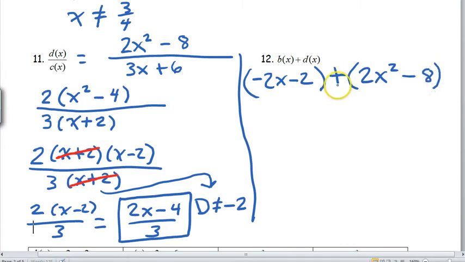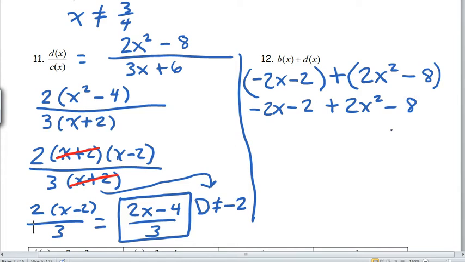When it's a plus sign like this, do I need to change the signs on the inside? No, that's only when it's a minus. So really, I don't need the parentheses on this problem. When it's addition, the parentheses are not doing anything. Listen carefully.